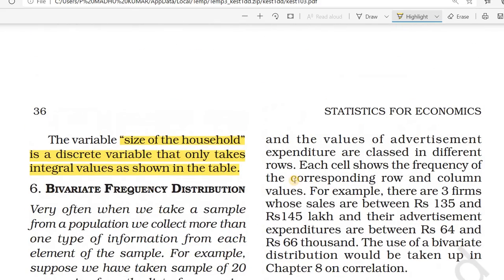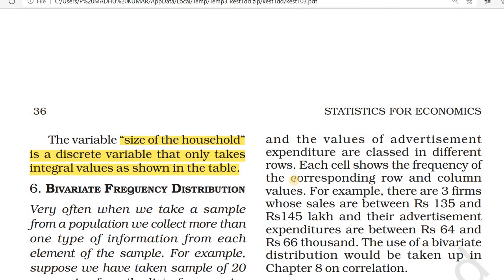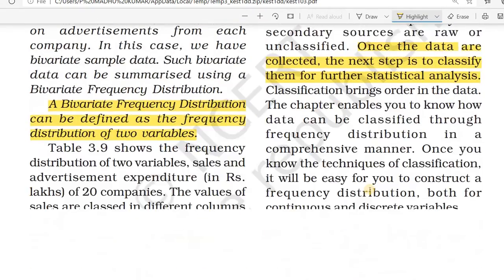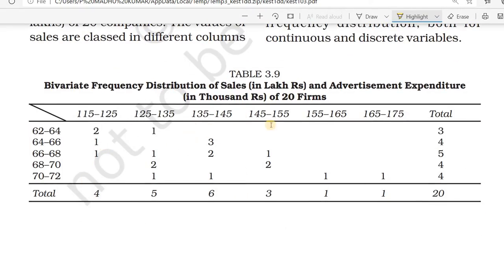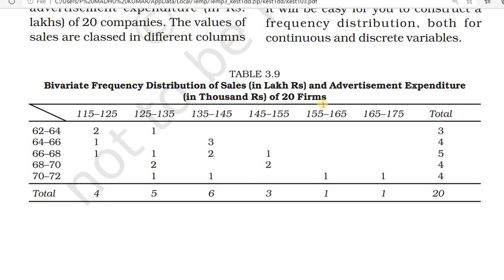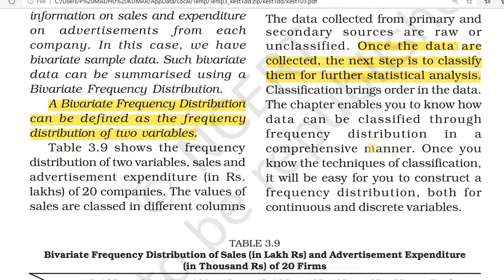Means here two pieces of information are there. We can correlate this information, expenditure and sales. We can compare and analyze that. That is the reason we call this a bivariate distribution.